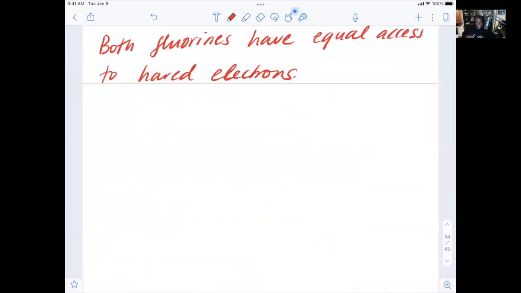Okay. So to illustrate an equal sharing, I'm going to use a custody battle because I feel like that really explains the unequal sharing. When you have a polar covalent bond, this is the opposite of a nonpolar covalent bond.